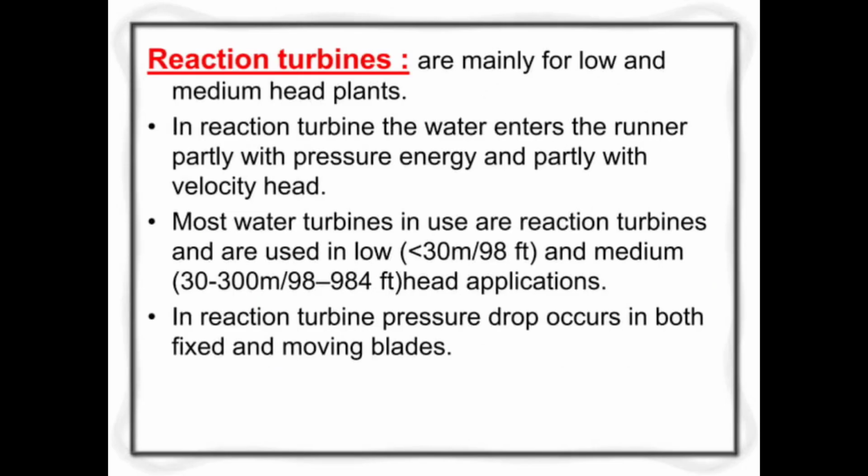Next, we are going to see the reaction turbines. These are mainly for low and medium head plants. In a reaction turbine, the water enters the runner partly with pressure energy and partly with velocity head.